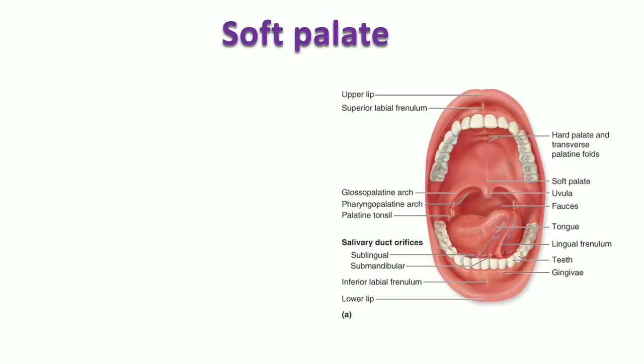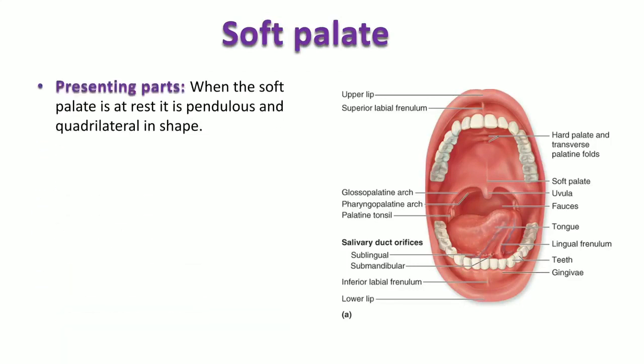Now let us also discuss the other features of the soft palate. What are the presenting parts? When the soft palate is at rest, it is pendulous, something like a curtain which hangs downwards.